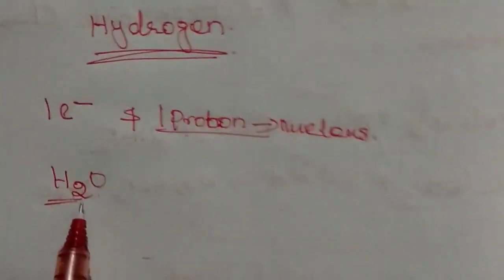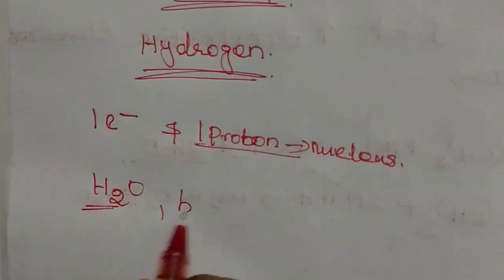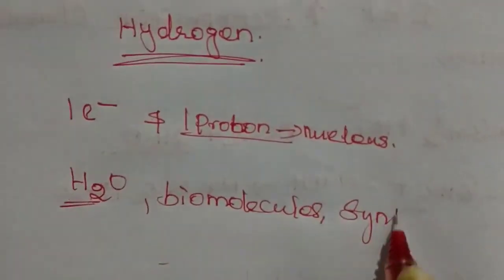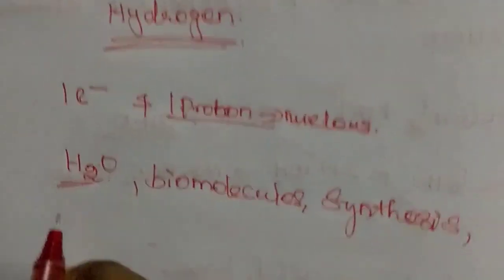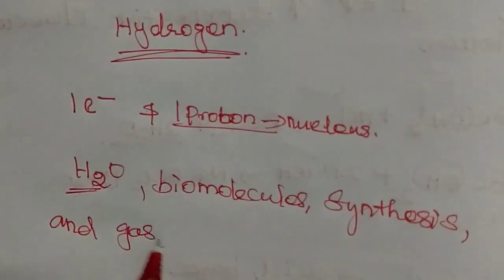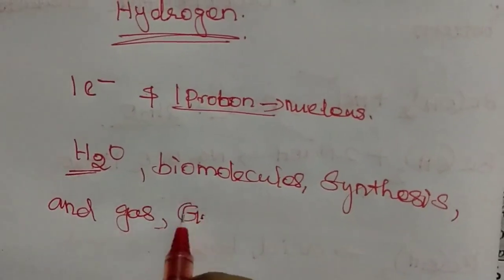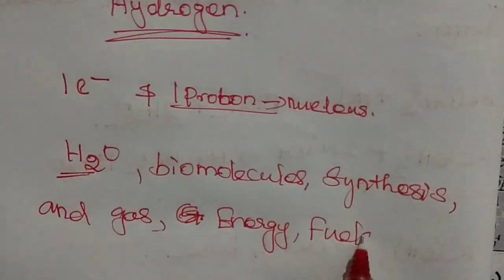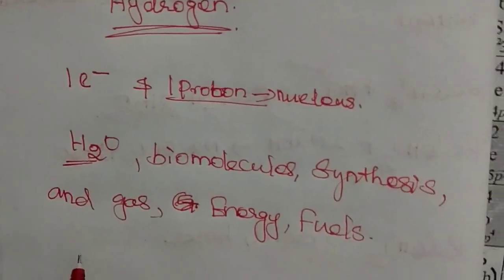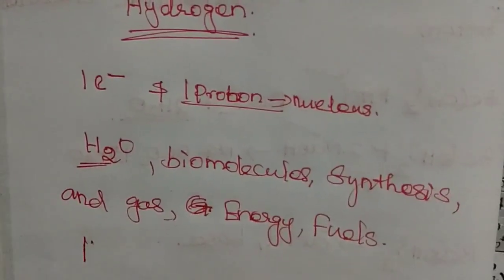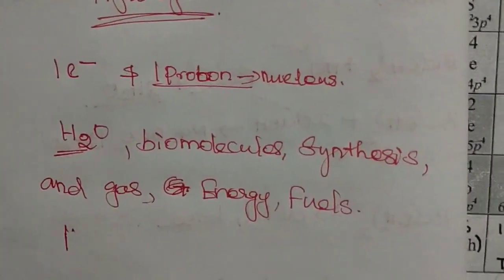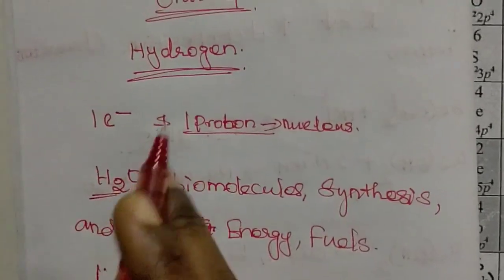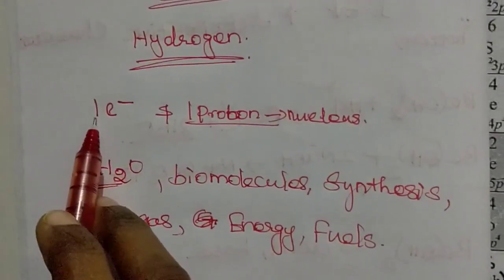So hydrogen is important in our life, in water and biomolecules, in the synthesis of elements, in gases, in energy and fuels, and in carbohydrates, lipids, proteins, etc. It plays a good role in life because hydrogen is a reactive element, since it contains one electron.